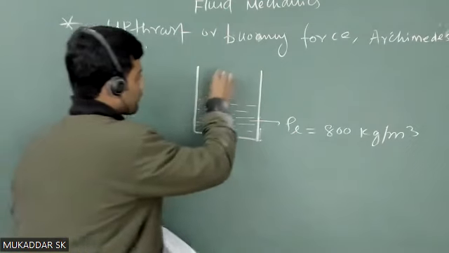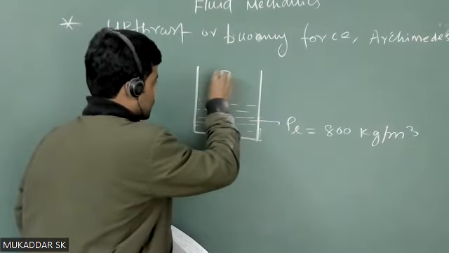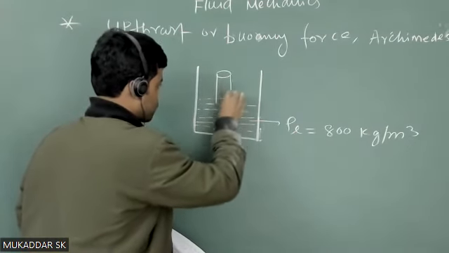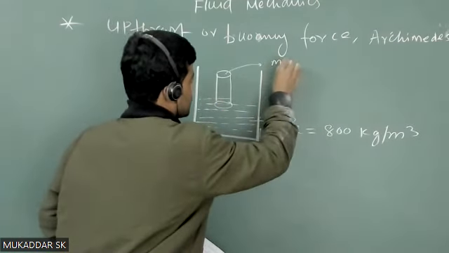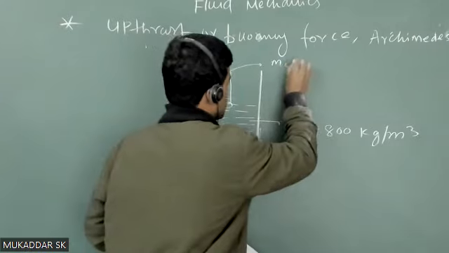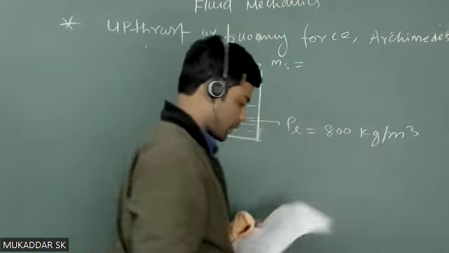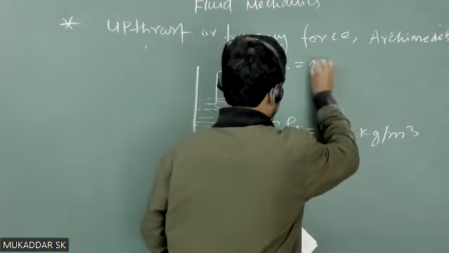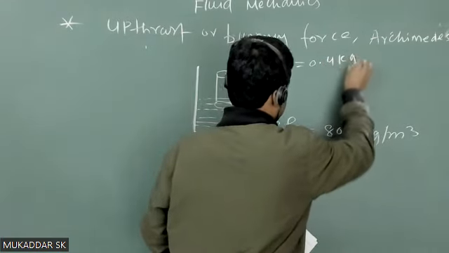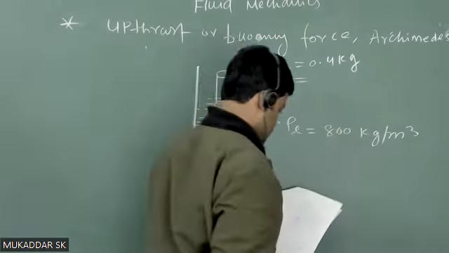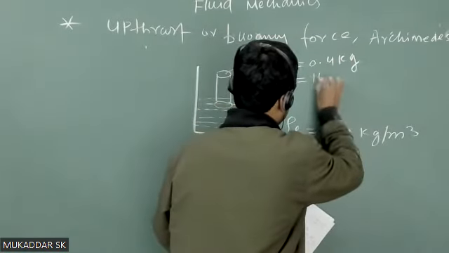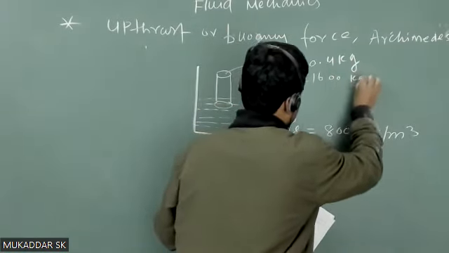A cylinder, mass of this cylinder is given, that is 0.4 kg, and density of this cylinder is given, density is 1600 kg per meter cube.